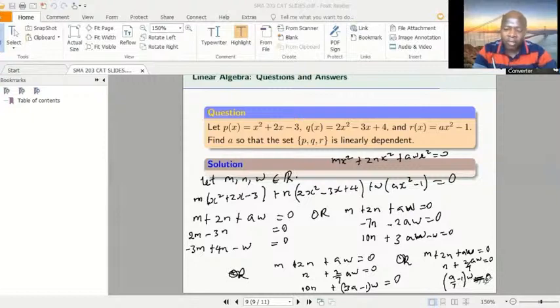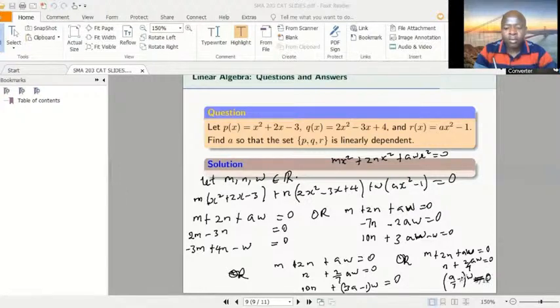As we've seen in this type of question above, whenever we had 0 is equal to 0, the system had infinitely many solutions. But if you have 0 on the left and then a constant on the right, the system had no solution.